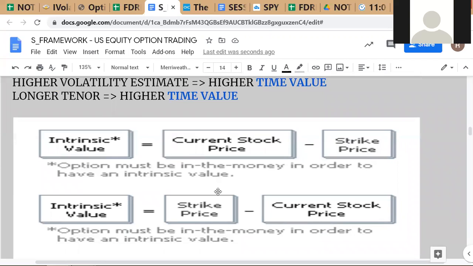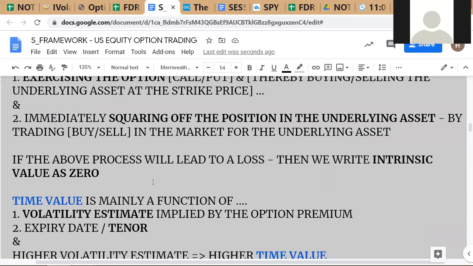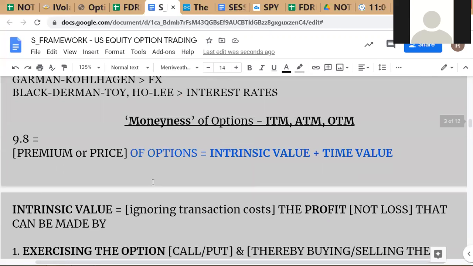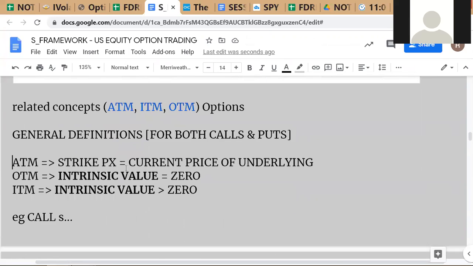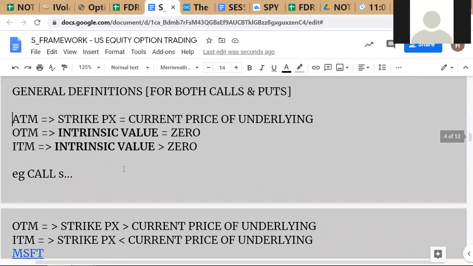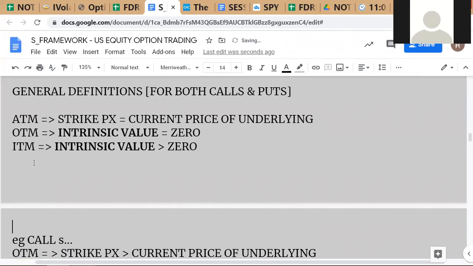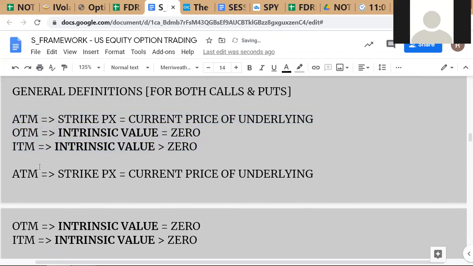ITM, we can just explain it here in case it's not explained, just for your reference.